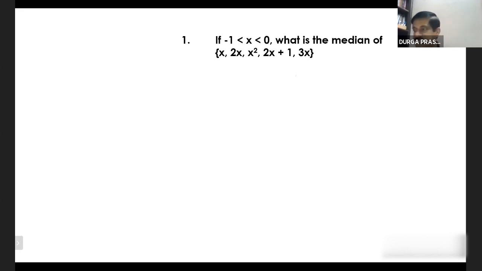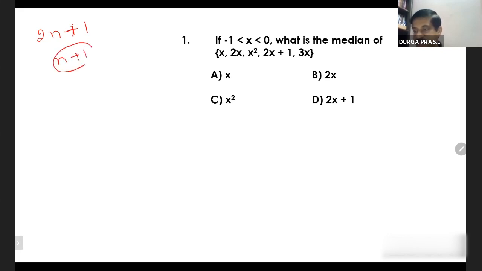So let us look at this. In this question, he asked you to find the median of this. As I said, the median is the middlemost term. If there is an odd number of terms, let us say 2n plus 1, then the n plus 1th term becomes the middlemost term.